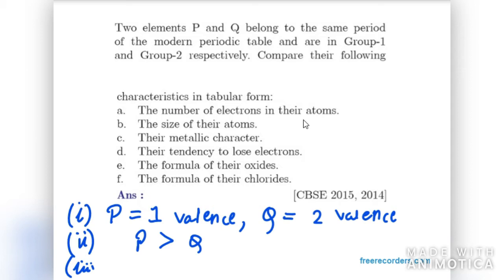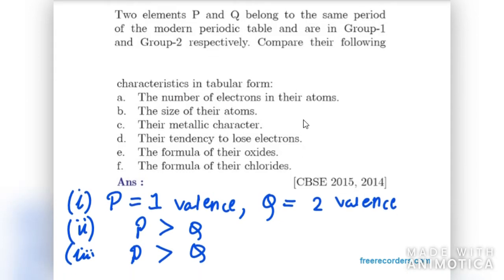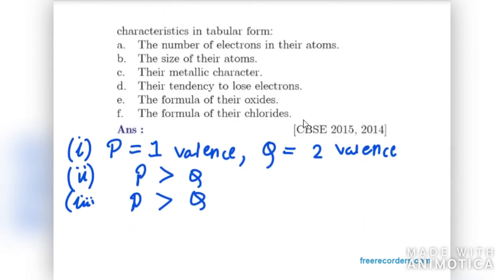P is more metallic as compared to Q. Now the fourth part, their tendency to lose electrons. So P can lose electrons more easily than Q, as it has less binding.